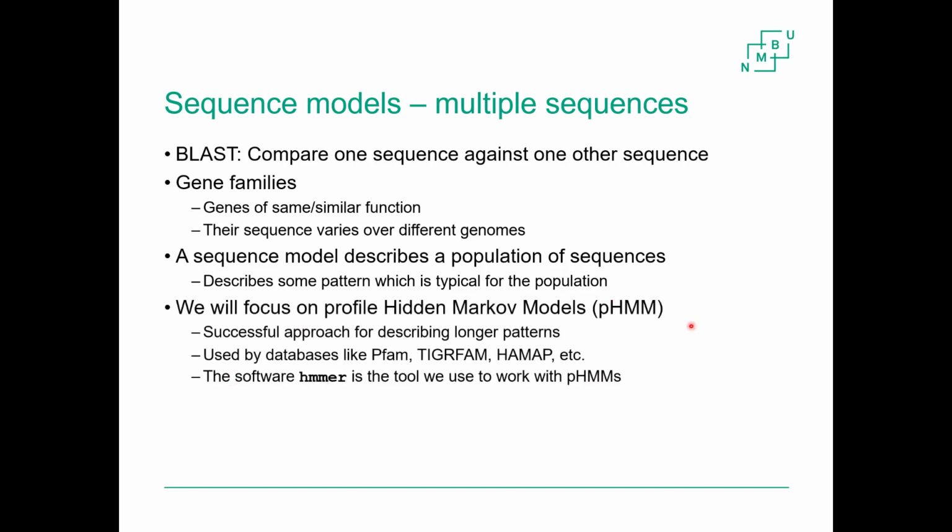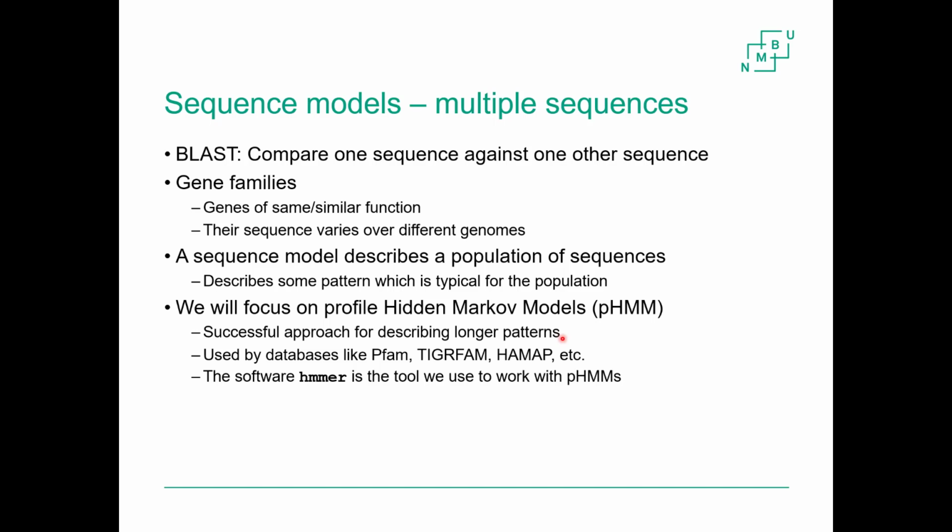So this can be done in several ways. Let's focus on the profile hidden Markov model approach here now. This is typically used when we have longer patterns. If you have very short patterns, motifs as we call them, we don't typically use this approach.